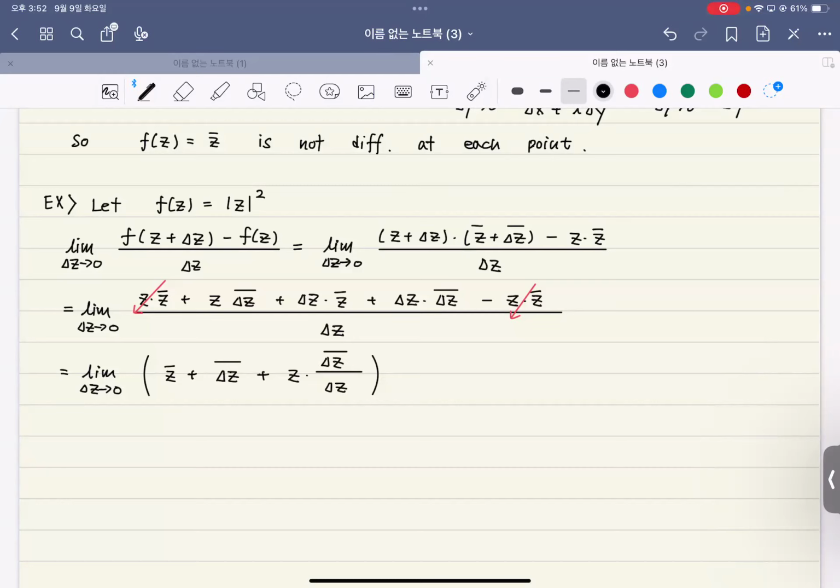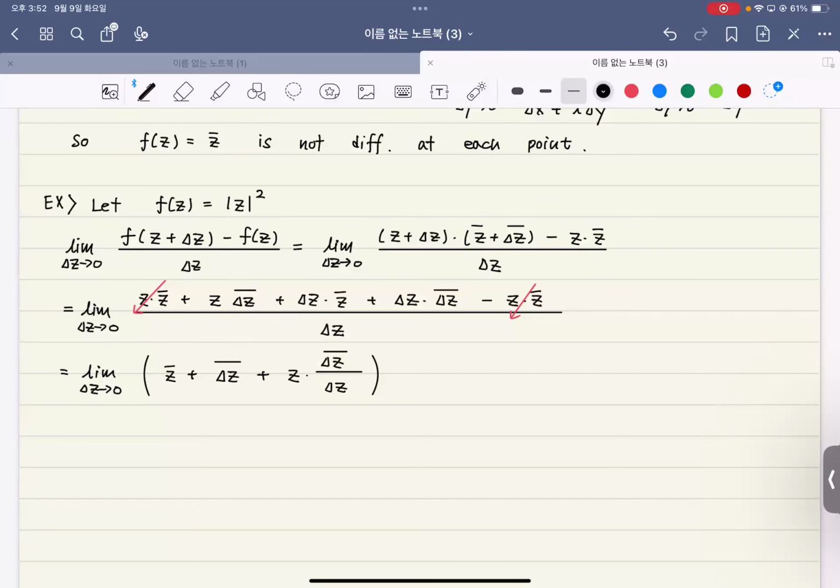But on the other hand, if z is some non-zero complex number, then inevitably I will need to deal with the limit of this guy, and clearly the limit of this guy doesn't exist from the previous example. Therefore, this modulus function is complex differentiable only at the origin, right?